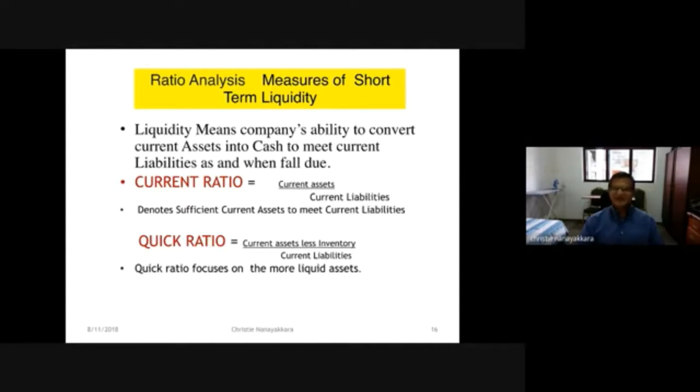So it's very important to see whether you have sufficient liquidity to run this company, because otherwise you will get into other areas of risk.